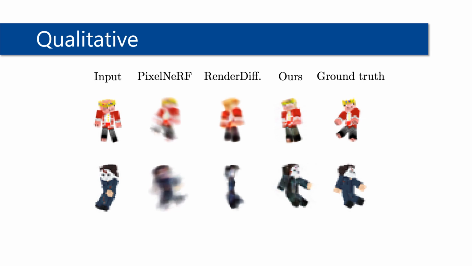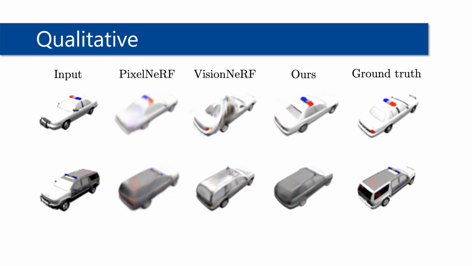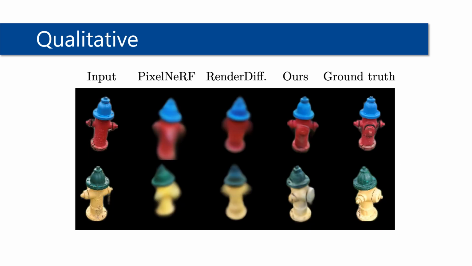Compared to prior work, Viewset diffusion outputs sharper and more plausible 3D shapes. The same models can perform unconditional 3D generation without any further training or fine-tuning by simply changing the nature of the input to the model.